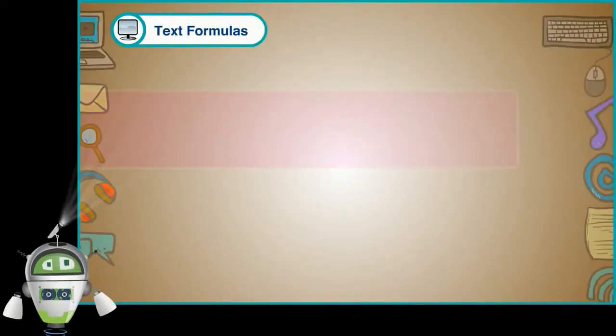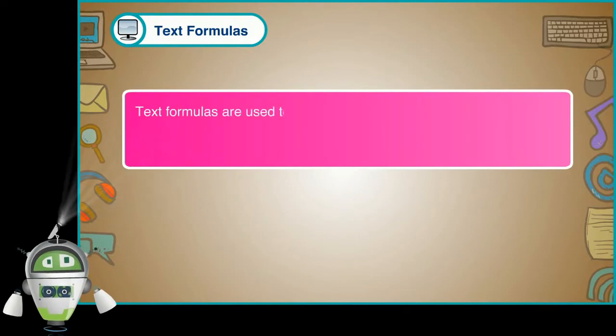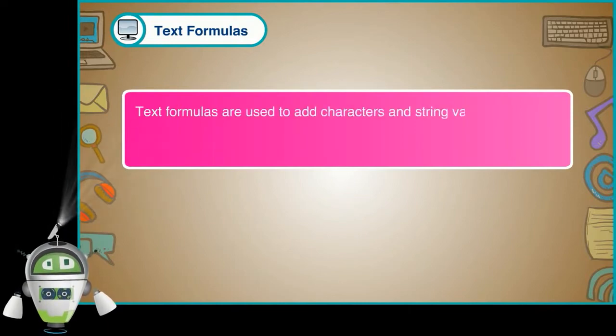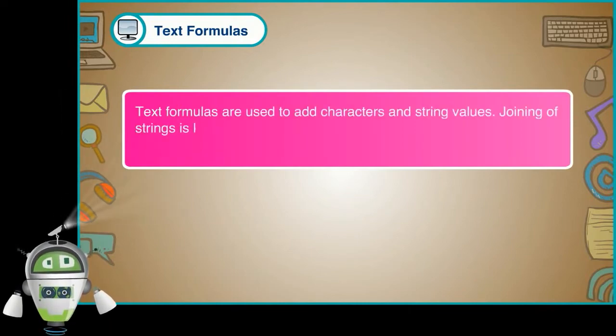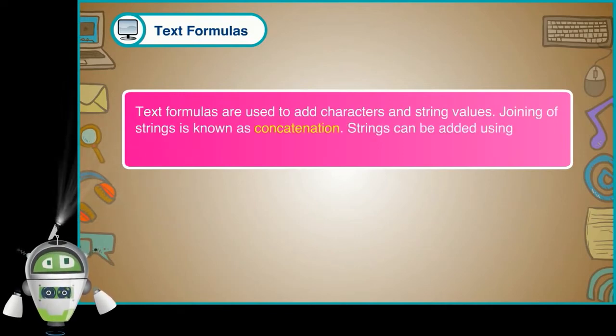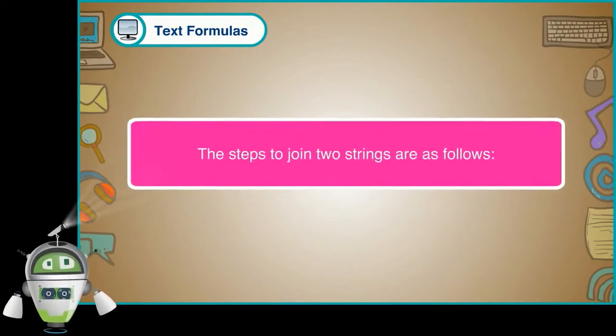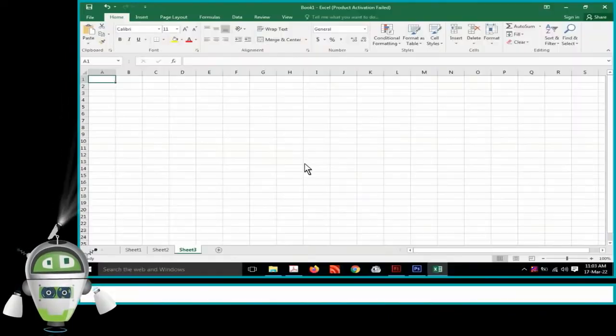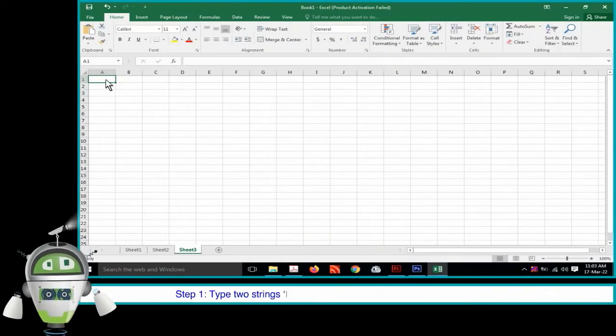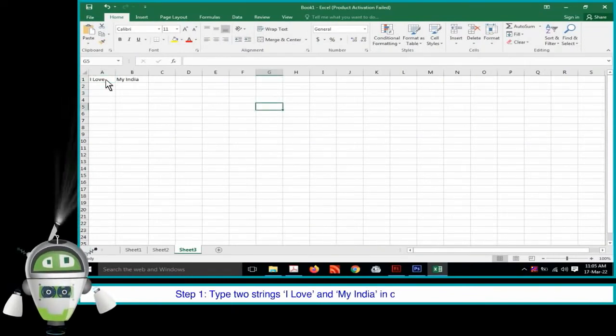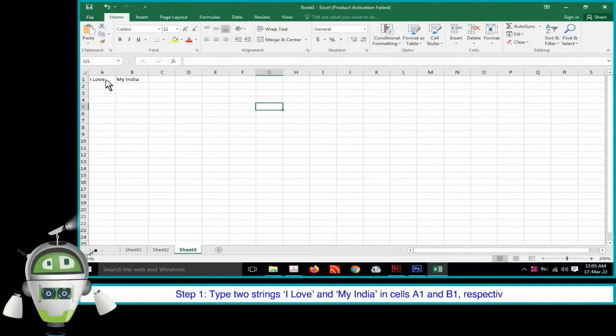Text formulas. Text formulas are used to add characters and string values. Joining of strings is known as concatenation. Strings can be added using the ampersand symbol. The steps to join two strings are as follows. Step 1. Type two strings, "I love" and "my India", in cells A1 and B1 respectively.